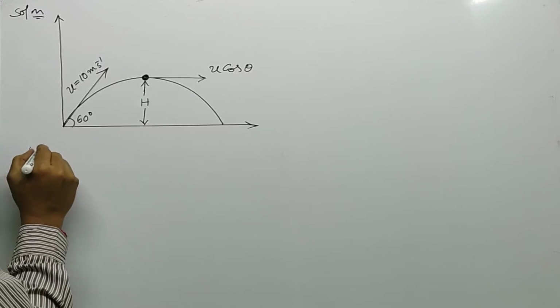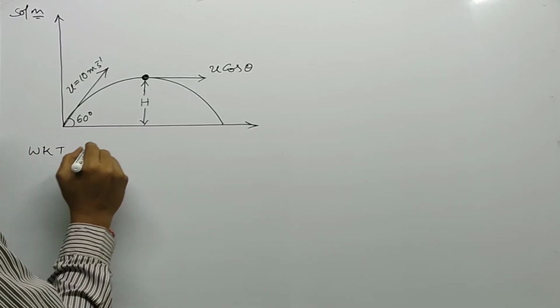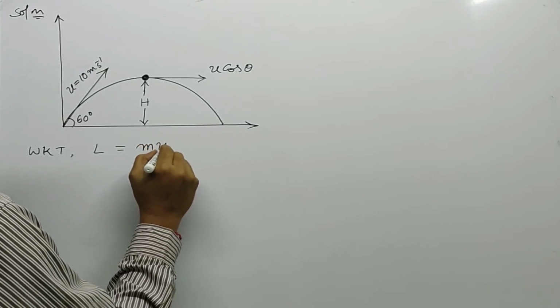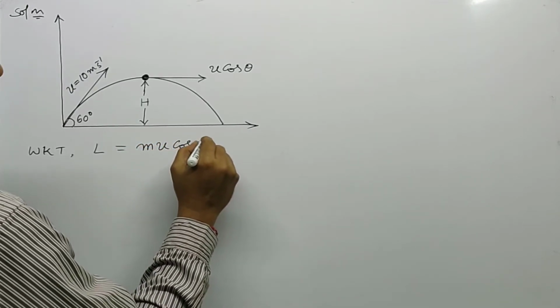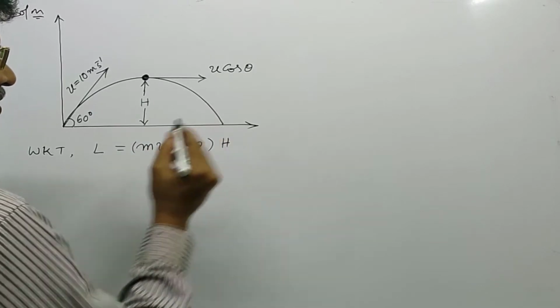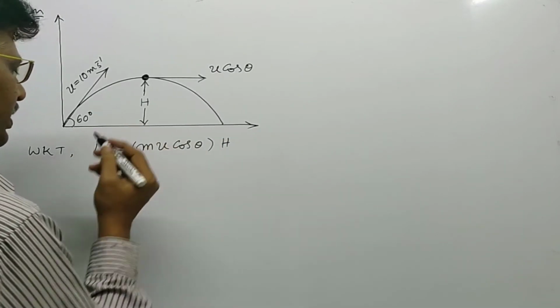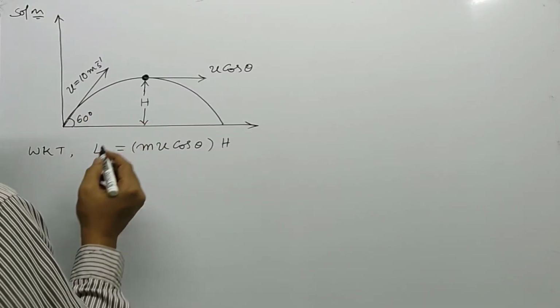We know that the angular momentum of the projectile when it is at the highest point is m u cos theta times H. This is the formula for angular momentum of a projectile at its maximum height.